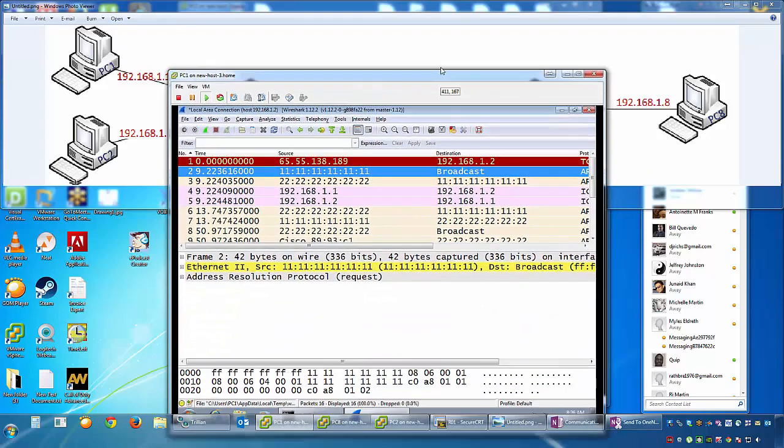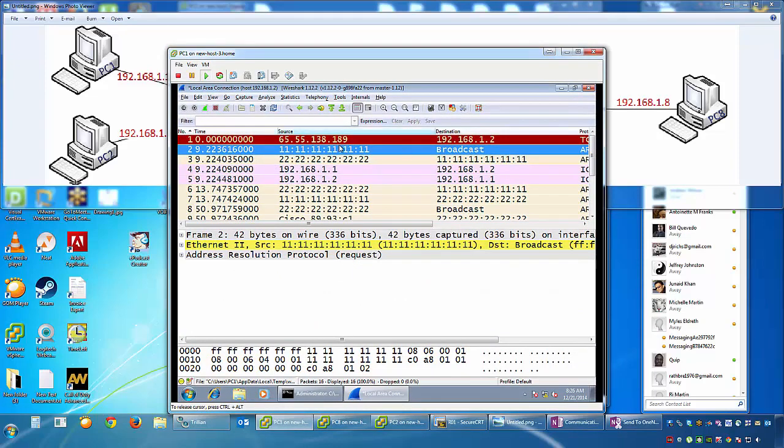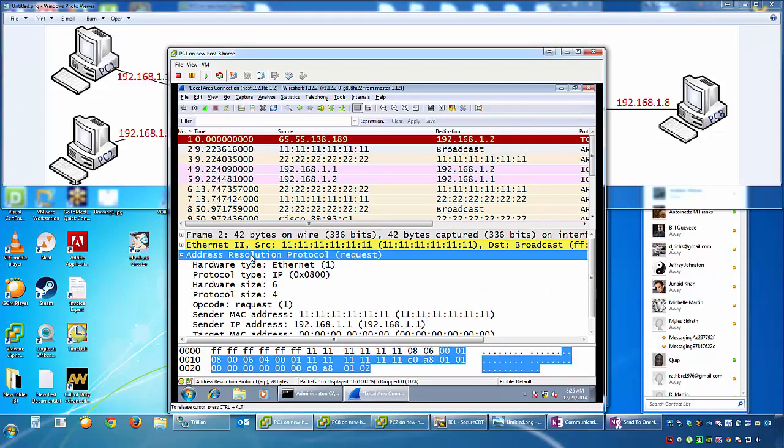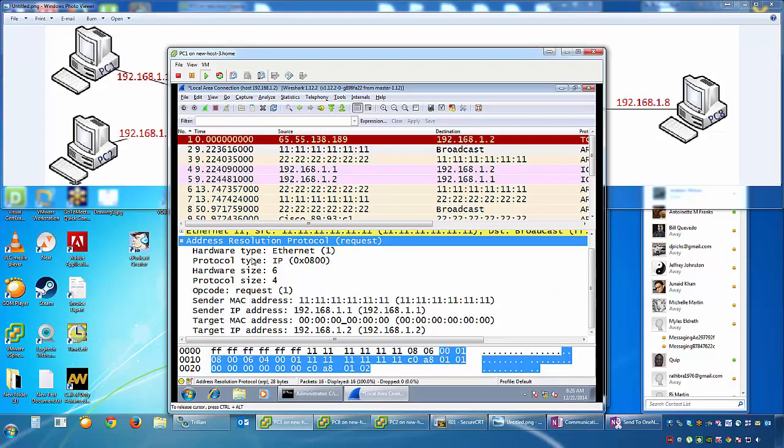Now, if we look at this information, this is nice that it gives us this information by telling us exactly what the source IP and the destination IP is. However, we really need to look at this data here, because this is what's going on. Now notice that this is an ARP message. It says Address Resolution Protocol.